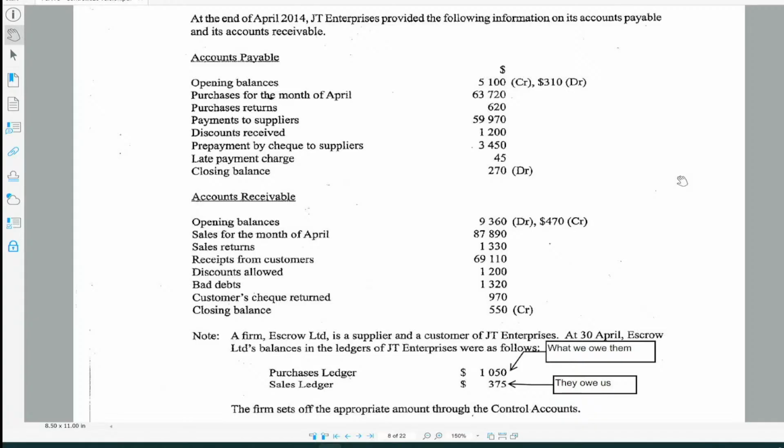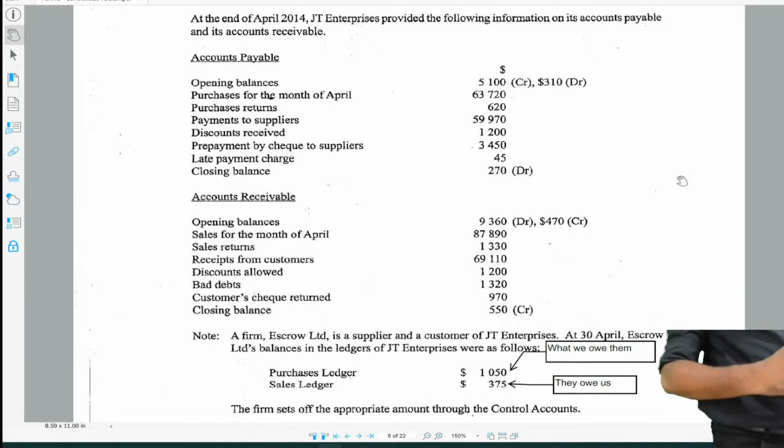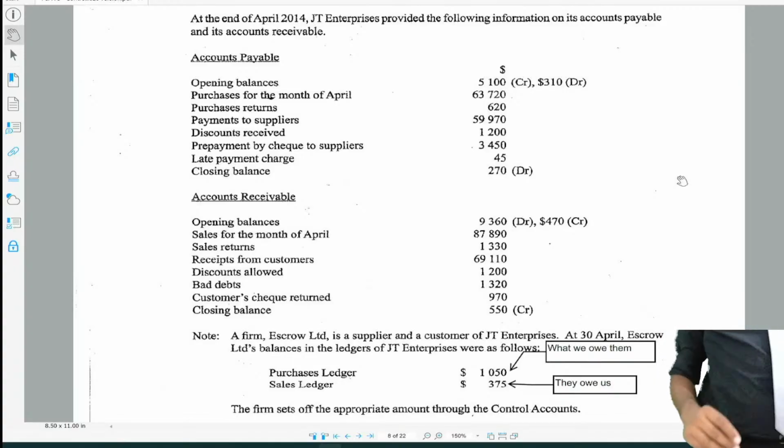Yeah, so we are just about 529, right? So if we're doing the creditors control account first, I'll give it 10 to 12 minutes.